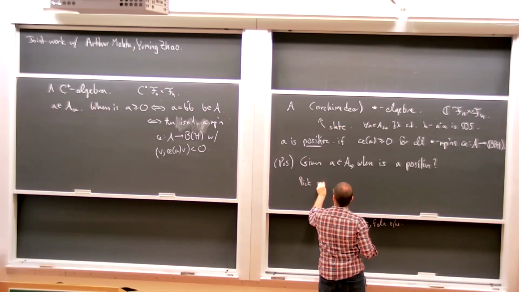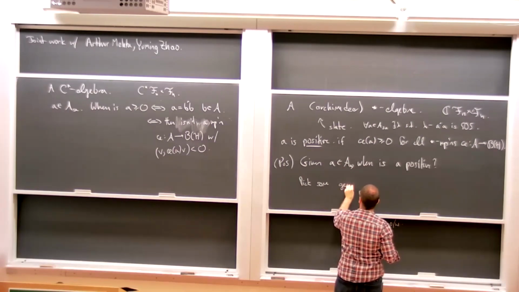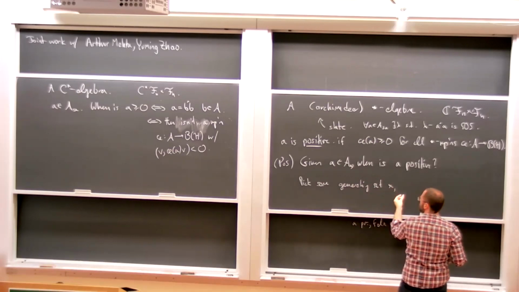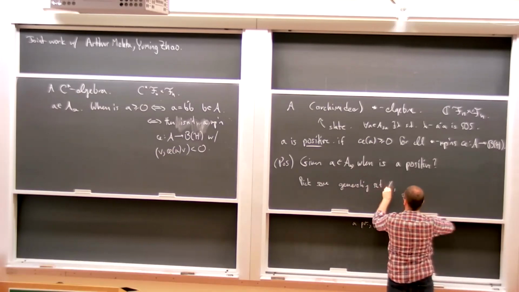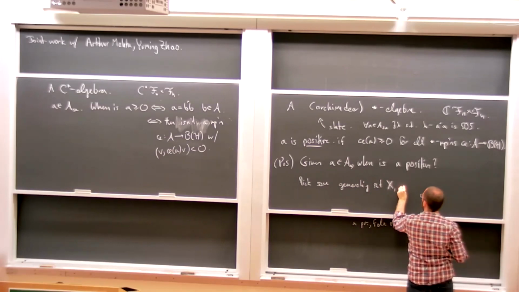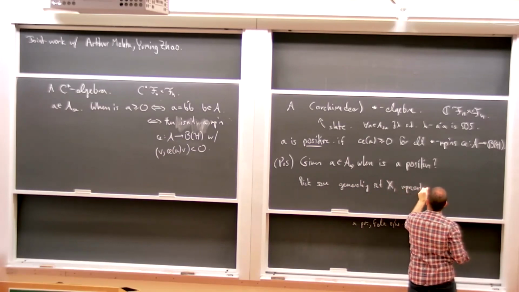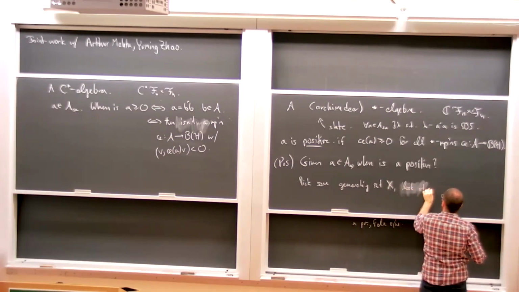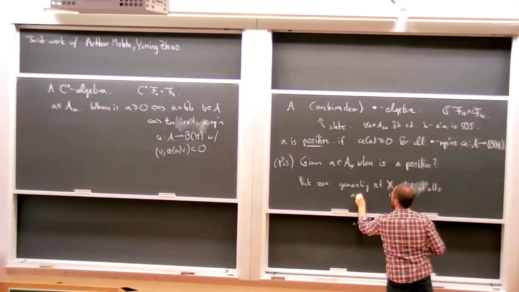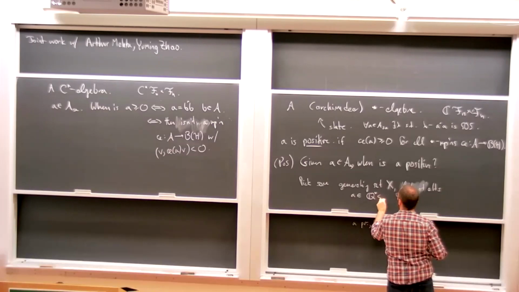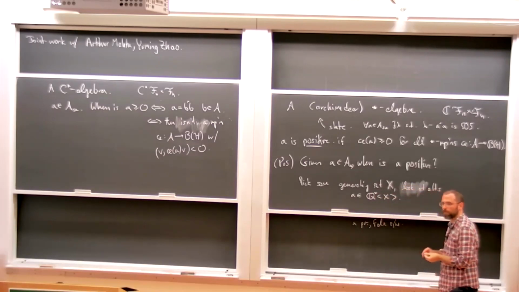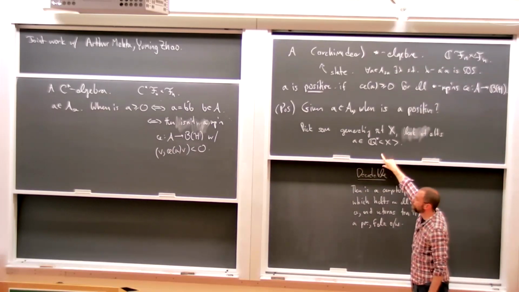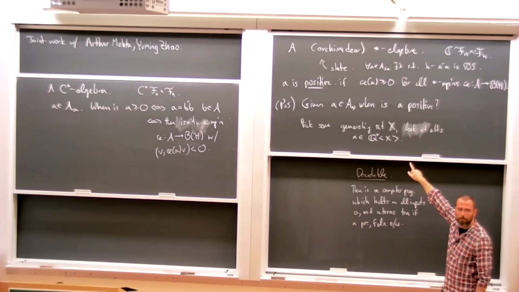pick some generating set big X, and then maybe we actually have some concrete representation, or maybe we just look at elements A, which are non-commutative star polynomials over the generating set X. Okay, so what we say instead here, this is code for given some polynomial with rational coefficients, which we can put into a computer, right?